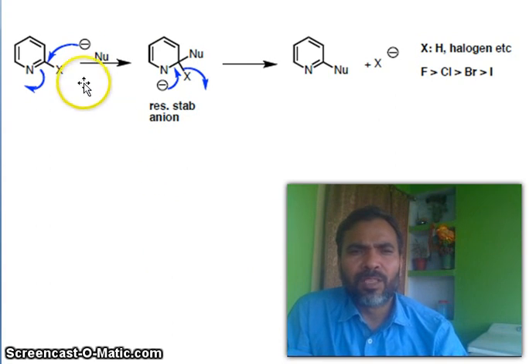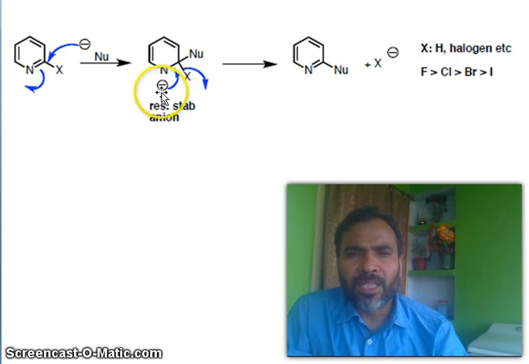So when the nucleophile attacks on the center, what will happen? This double bond shifts onto nitrogen. So this type of structure will form. Again, this nucleophile, meaning negative charge, makes double bonds, and meanwhile the carbon-X bond breaks.